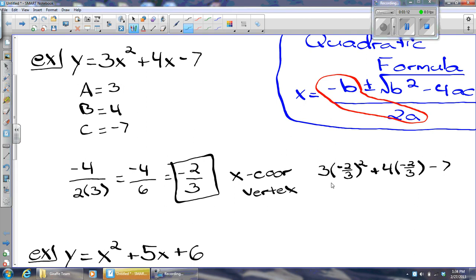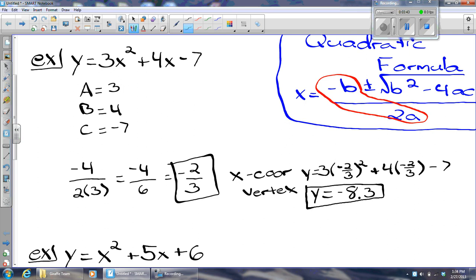And when we evaluate this, we get, oh, I should put my y up here. Y equals negative 8.3. I'm going to leave it in decimal form because it's easier to graph when it's in decimal form.